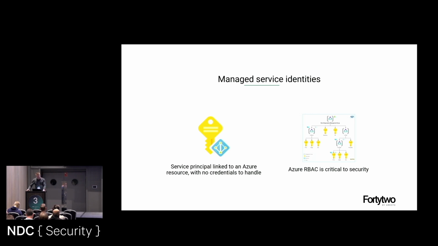So let's skip over to managed service identities, because this opens a whole new can of worms. It's a service principal linked to an Azure resource with no credentials to handle. Awesome. So I can have a logic app that can authenticate without me handling any secret at all.